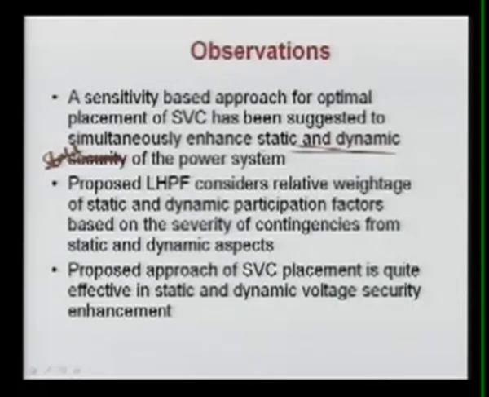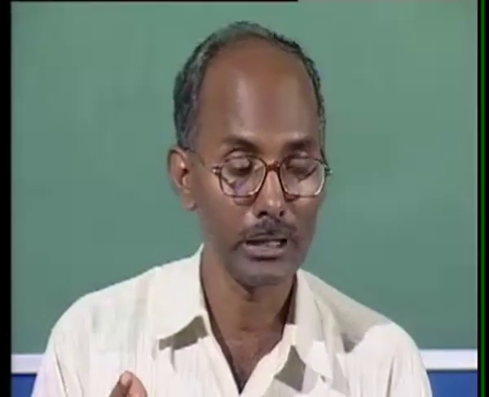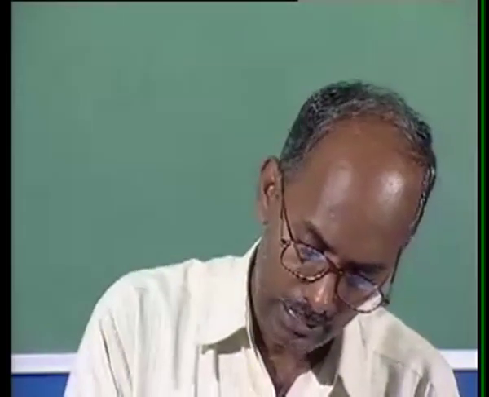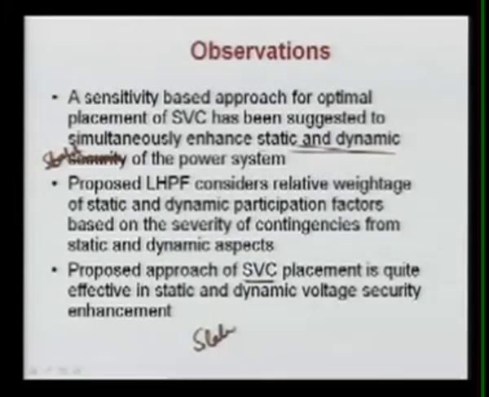So the proposed approach for static var compensator placement is quite effective in static and dynamic voltage security enhancement. Just we saw the FACTS controller, it is not series, it is a shunt, that is the SVC, static var compensator. So this SVC is called the static var compensator.